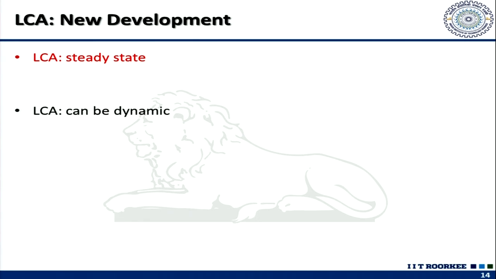Now, in the new type of LCA that is being developed, we are talking about variability with respect to the process. The LCA can be dynamic, meaning that with time the result from the LCA output can vary. Before, most of the studies were done in steady state, but nowadays we are talking about dynamic LCA.